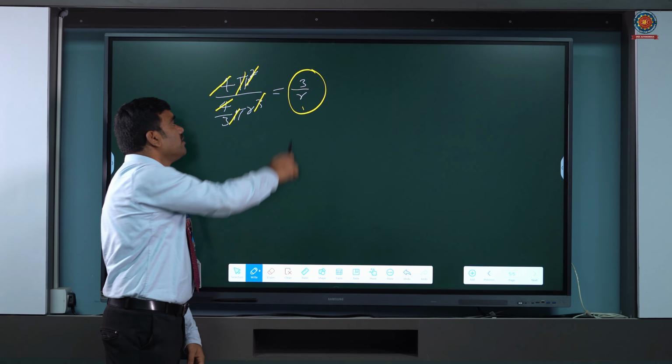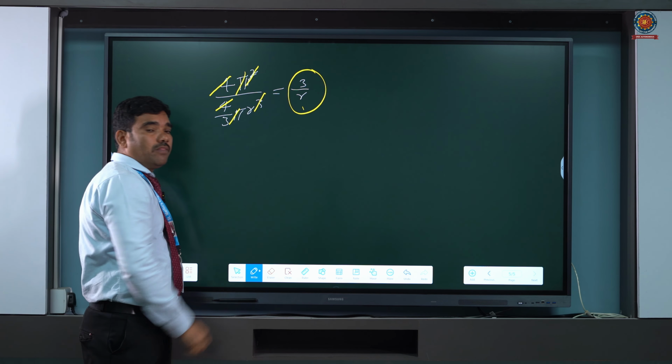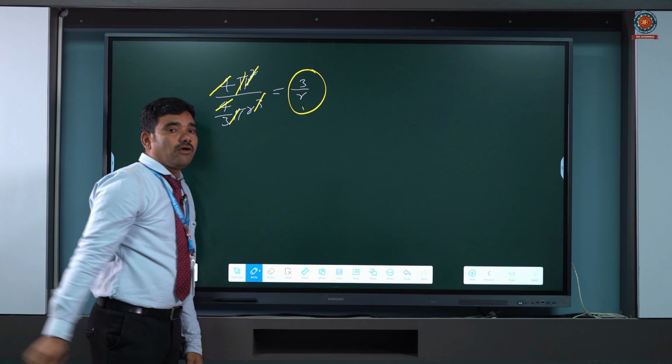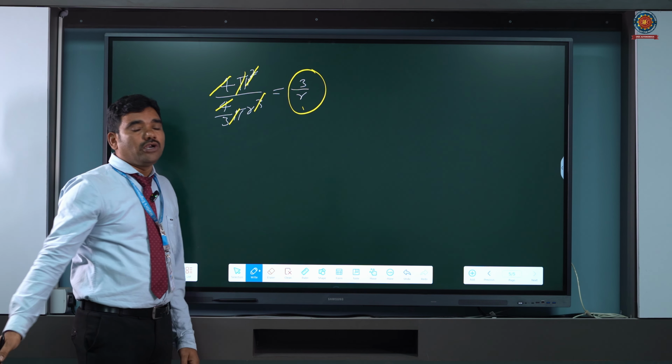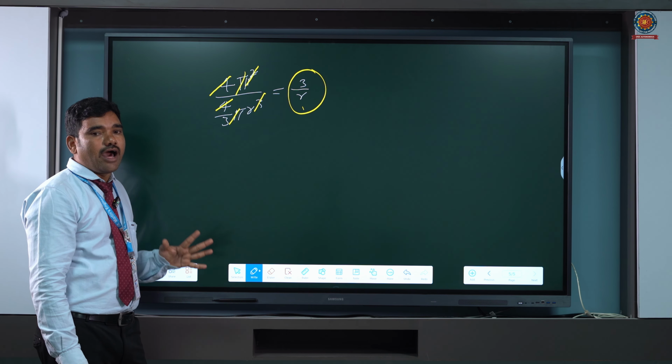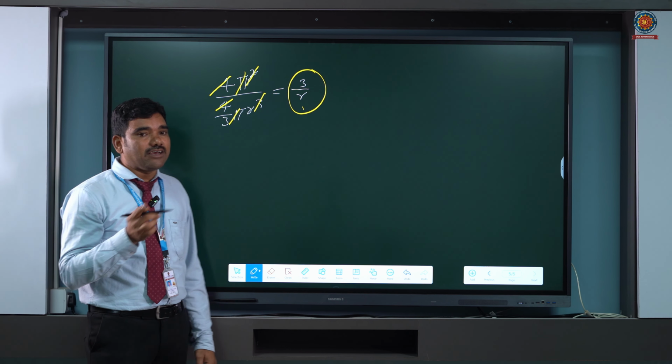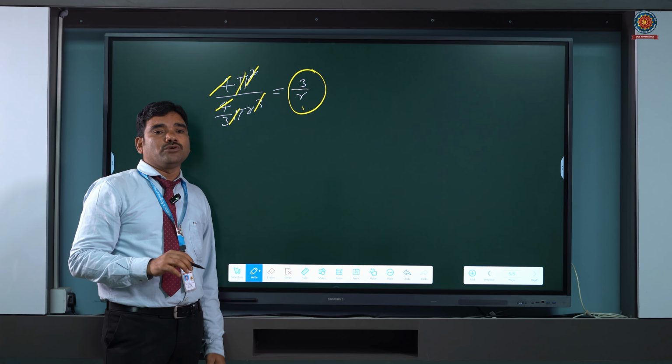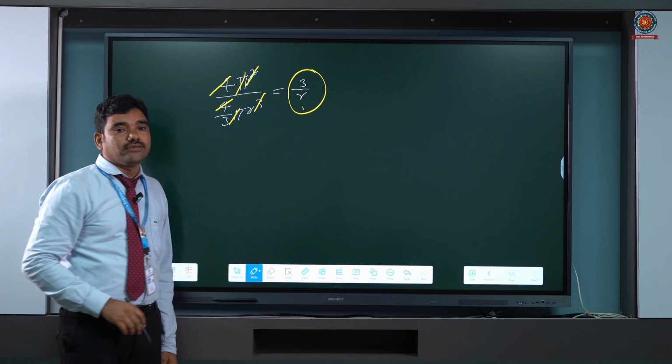See this ratio: r, the radius of the sphere, is inversely proportional to the ratio.